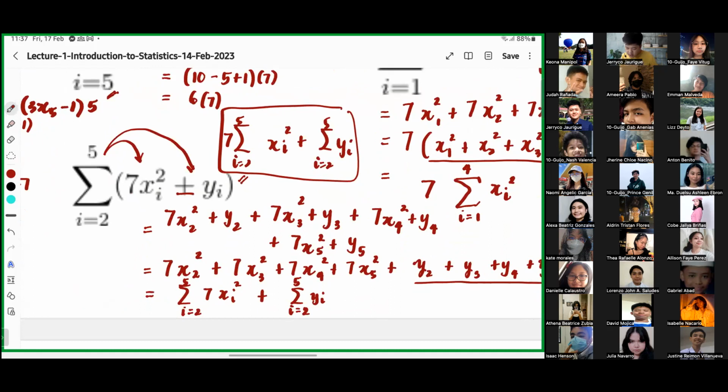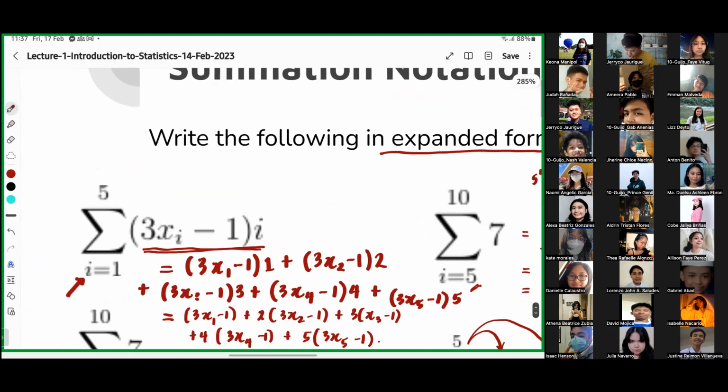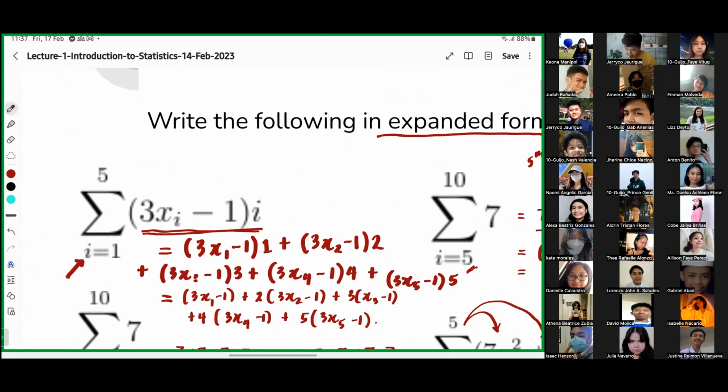So, pag binalikan natin yan, I can distribute I sa both. Tama? So, that will become 3i x sub I minus I. So, ito yung kukuha na natin ng summation from I equals 1 to 5.